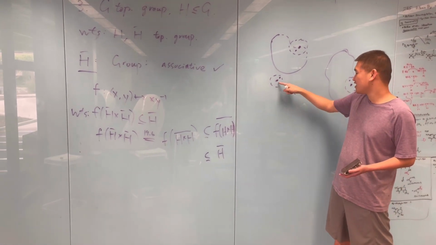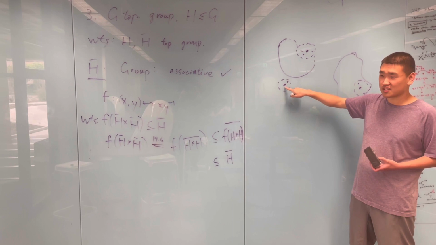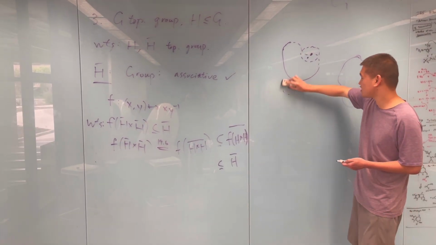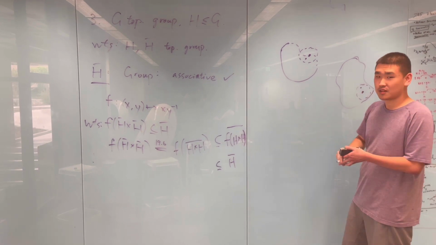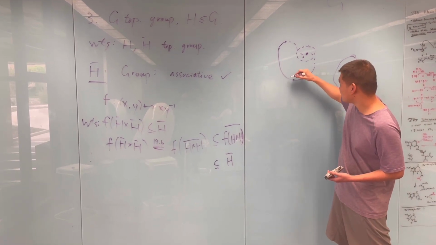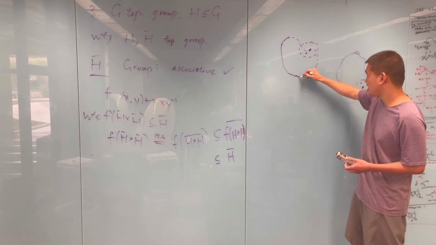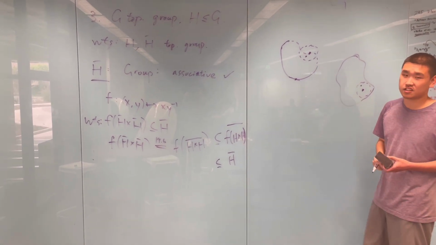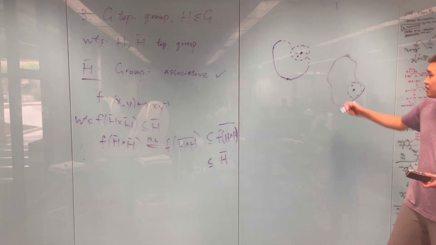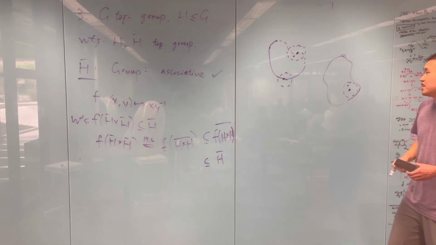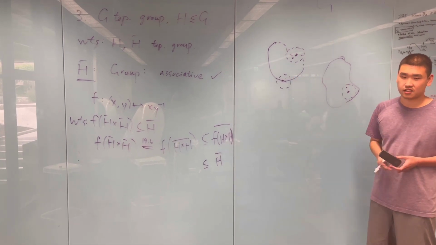And as we can see, if the point is chosen outside, then we cannot meet this criterion, which means that the only possible place that the group multiplication can send two points is also in the closure of H, which is what we want to show. Only in this case can we guarantee that any open neighborhood of this point has an intersection with H.